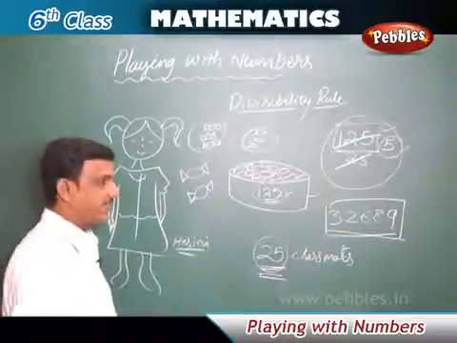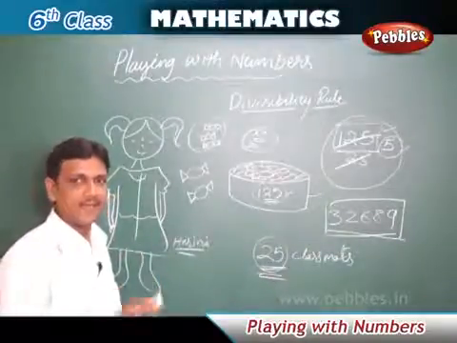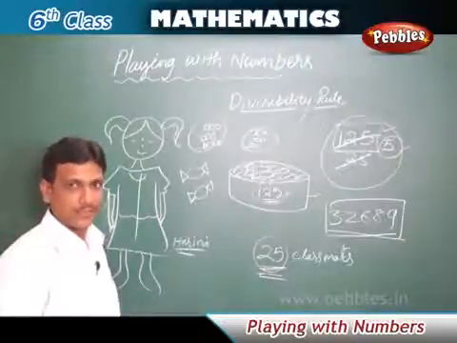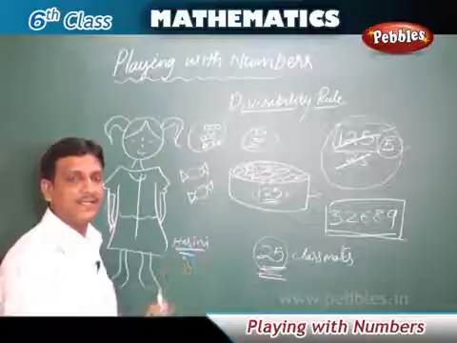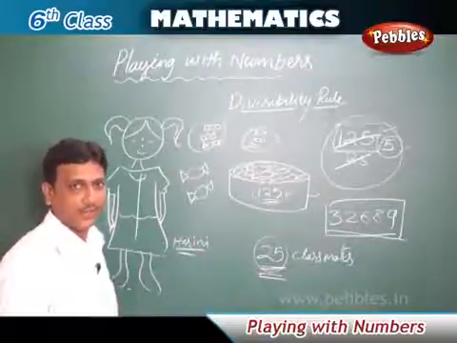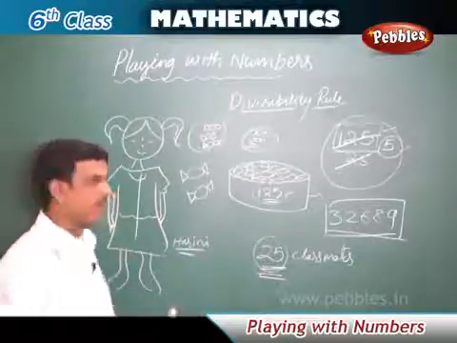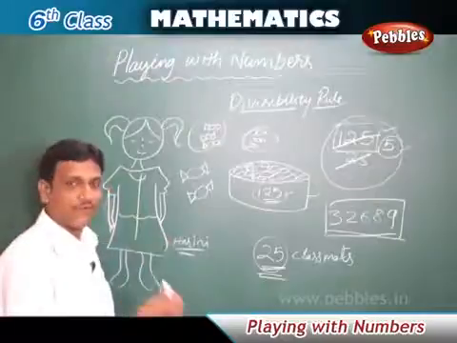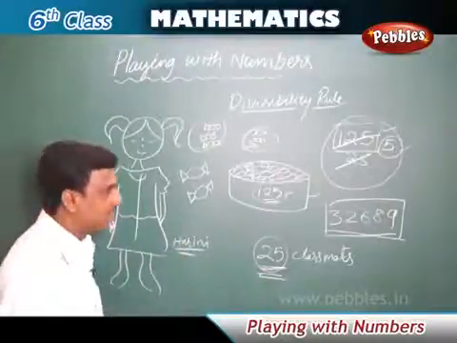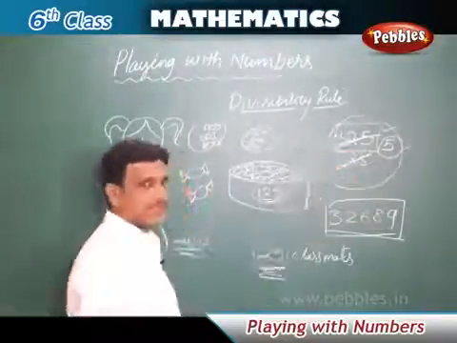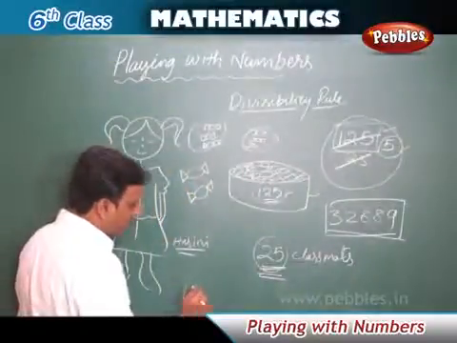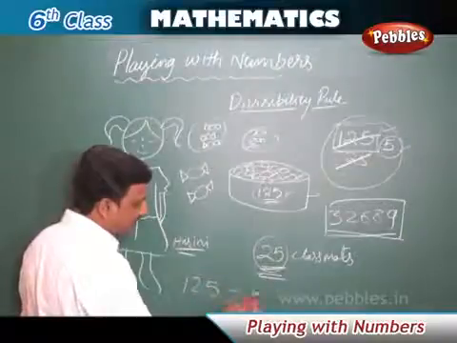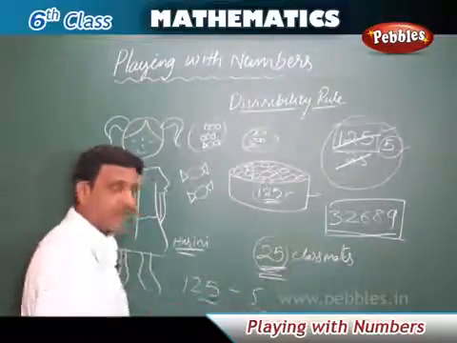Now we are thinking, is there any simple method to find out whether a number is completely divisible or not by another number? There are some methods. By following the divisibility rules without carrying out the division process, we can easily find out whether a given number is divisible by the other number or not.